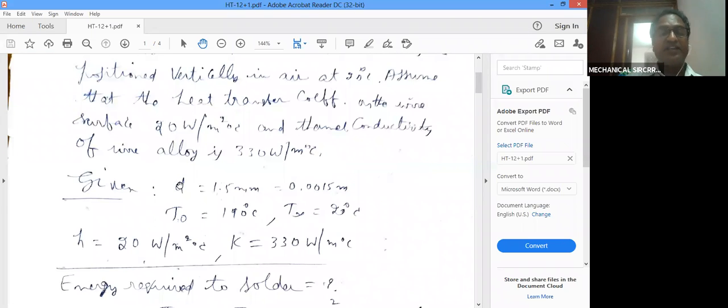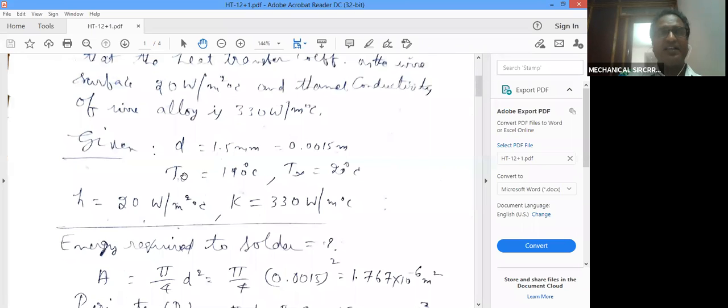So given data: diameter of the wire 1.5 mm, that is equal to 0.0015 meters. Temperature at the base, that is at the center: here two wires we are keeping in vertical position and soldering together, one wire in the top position, one wire in the bottom position.